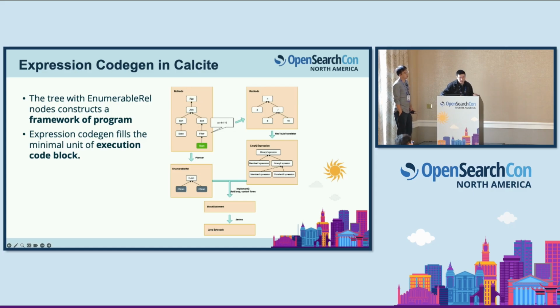With the Linq4j expression and the plan, Calcite will help us implement it into a block statement. The block statement API will use the Janino compiler to generate Java code. So a query like this will finally be constructed into Java code and compiled at runtime for execution.